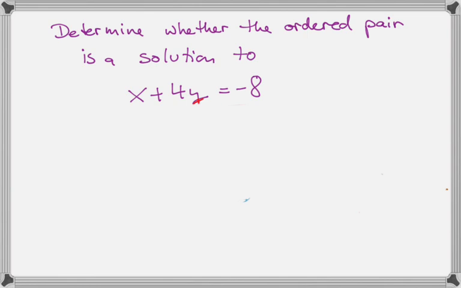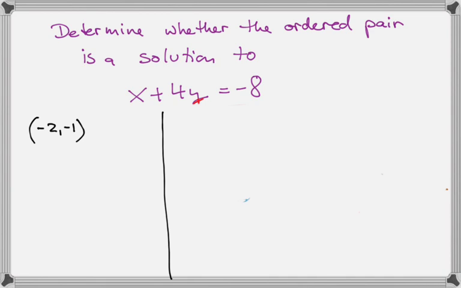Determine whether the ordered pair is a solution to x plus 4y equals -8. Now I have to give you the ordered pair. And the first ordered pair we're going to look at, you tell me, is it a solution? Is -2, -1. Does this one work? How do we do that?